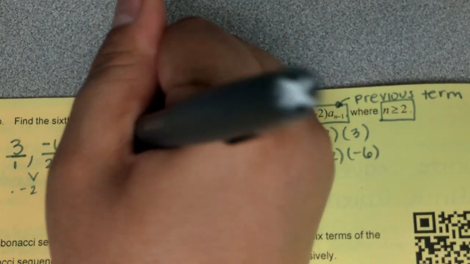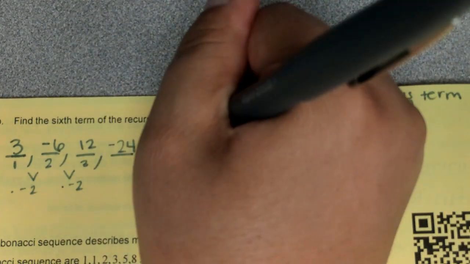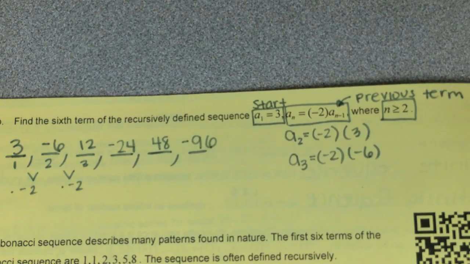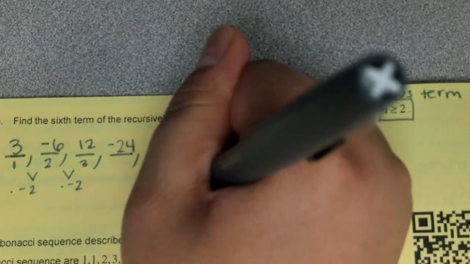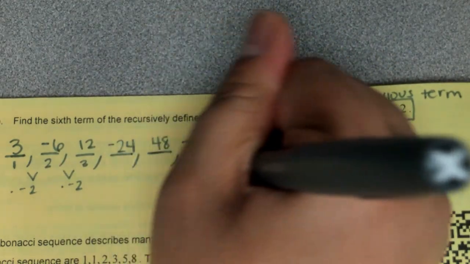So what's going to be the next term? And then negative 96. So what's the question asking for? So what is your A of 6? And that's how you would answer this.